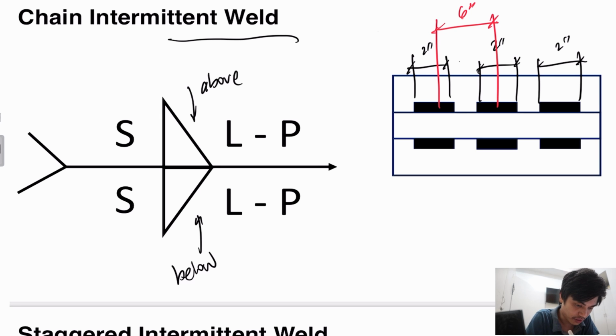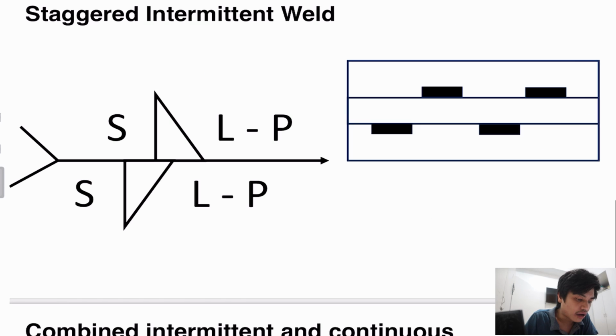Remember that the perpendicular part of the fillet weld always appears on the left side, just like this one. If it is a 1/4 inch size weld, then you can put 1/4 here, and then the length of the weld is 2 inches, followed by its pitch, which is 6. Then you do that as well on the other side, or the arrow side of the joint, just like that one. How about for staggered intermittent welds, just like this one?